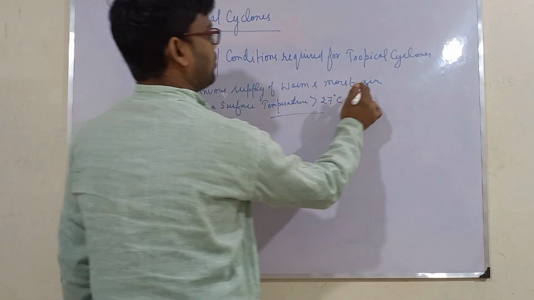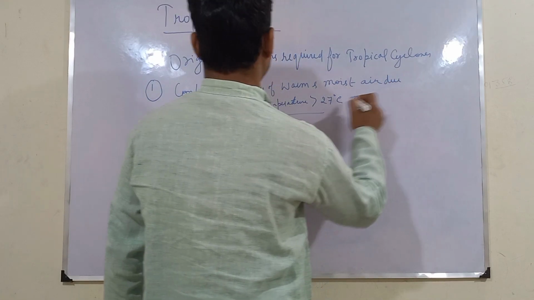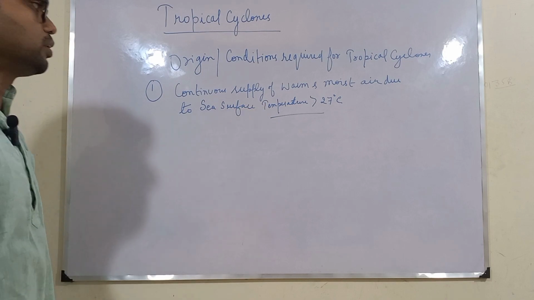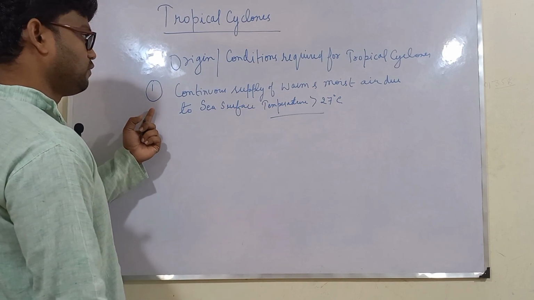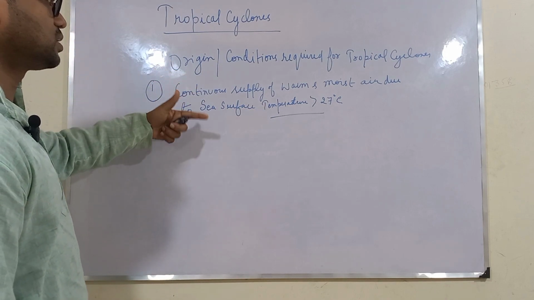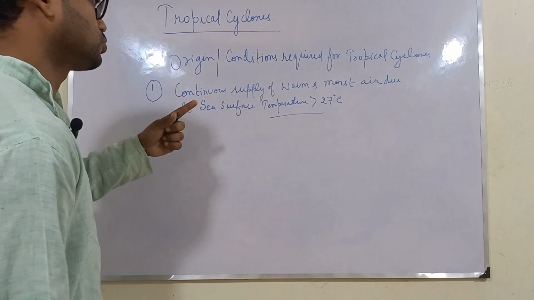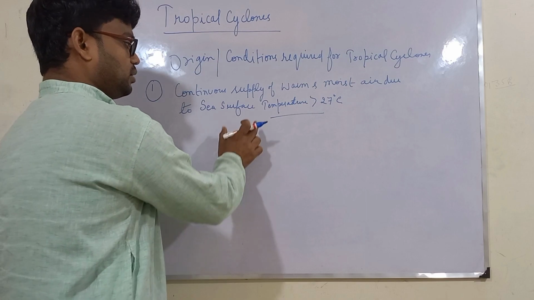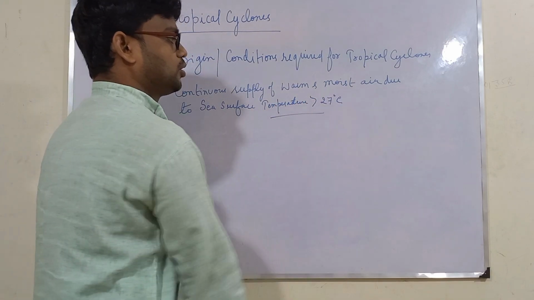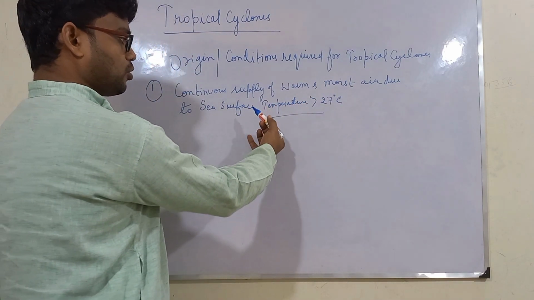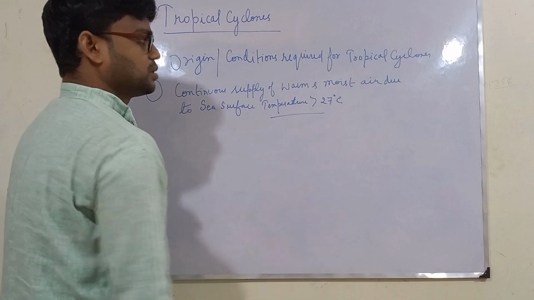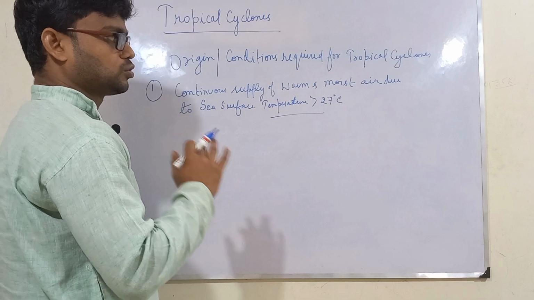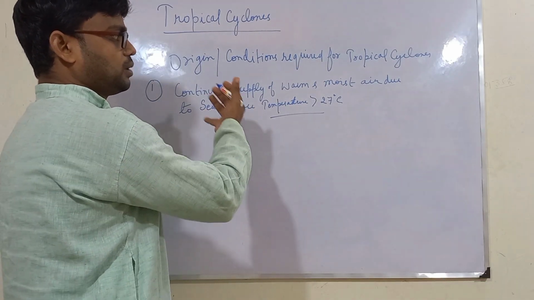Continuous supply of warm and moist air due to sea surface temperature greater than 27 degree centigrade. So this is the first condition for the tropical cyclones to be formed: the region over which tropical cyclones are to develop, the sea surface temperature must be greater than 27 degrees centigrade, because the warm oceans are the main source of energy for tropical cyclones.